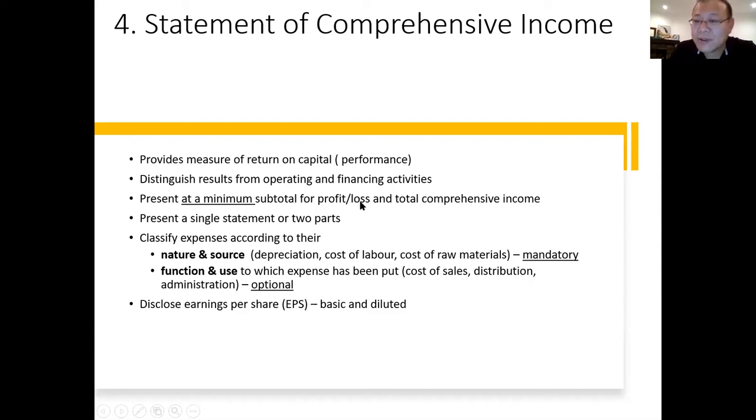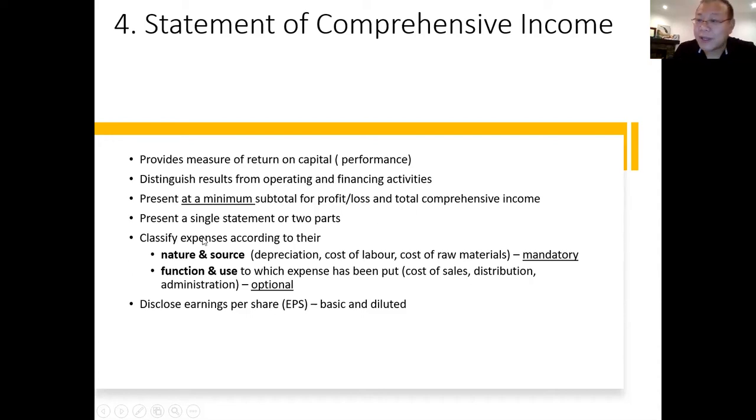So profit, loss, okay, that's the regular earnings. And together with other comprehensive income, you have total comprehensive income. You can present it in one single statement, or you can have two parts. I'm going to show you with some examples what I mean here.